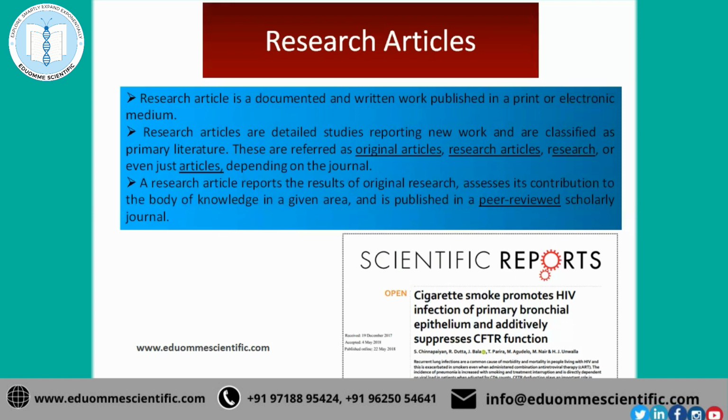So at that time, research articles are very important. A research article is a documented and written work published in either print or electronic form. Depending on the journal, they are called original articles, research articles, or sometimes only articles, and they will provide you experimental data also. Reviews are a kind of summary.